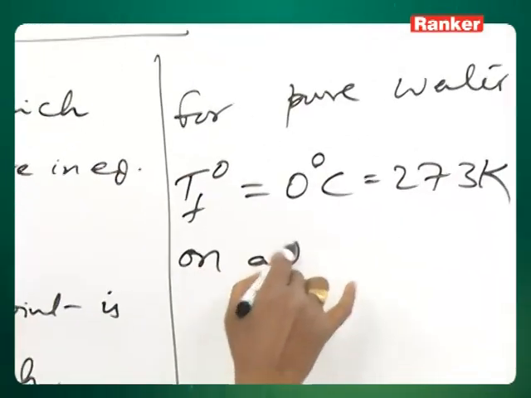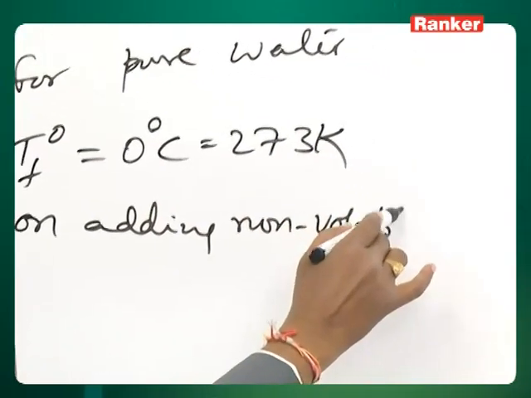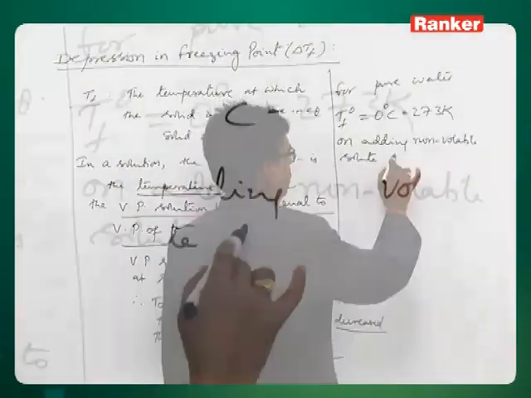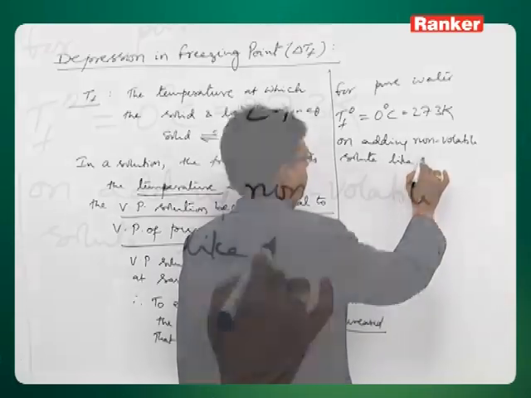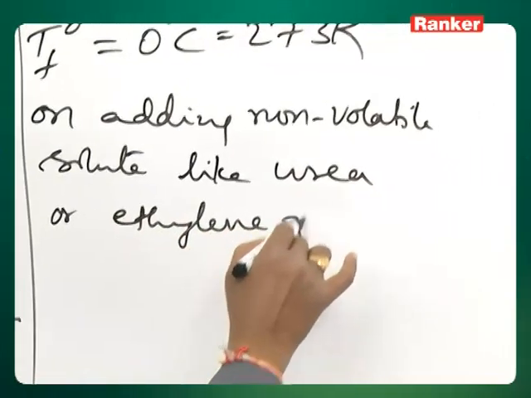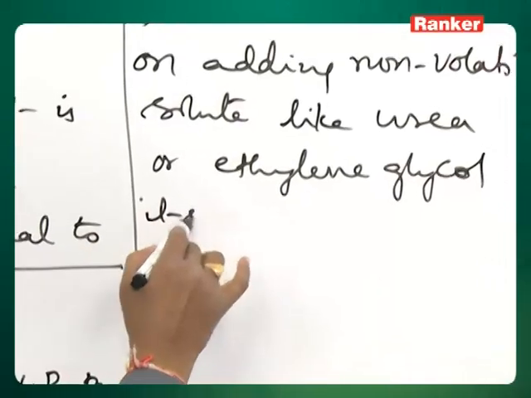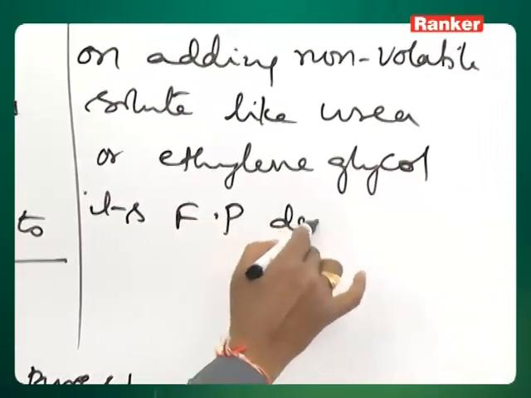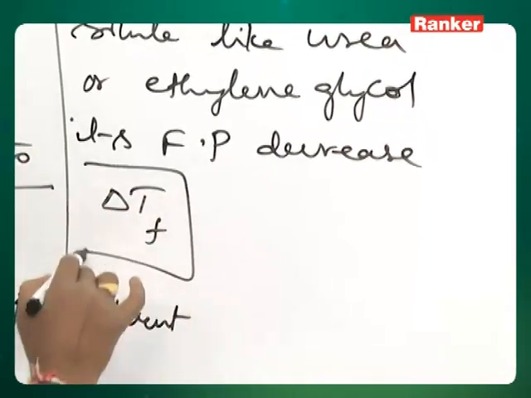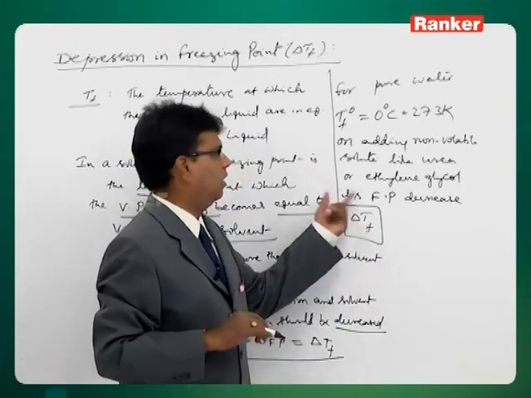On adding non-volatile solute like urea or ethylene glycol, what will happen is its freezing point decreases. The decrease is what we call delta TF, depression in freezing point of water, water being the pure solvent.